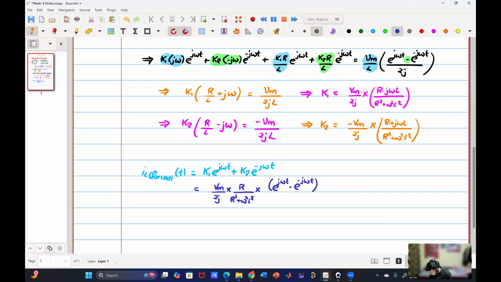So then the other term will be minus Vm by 2j into j omega L by r square plus omega square L square into e to the power j omega t plus e to the power minus j omega t. Clear?